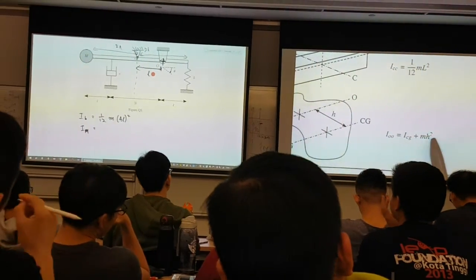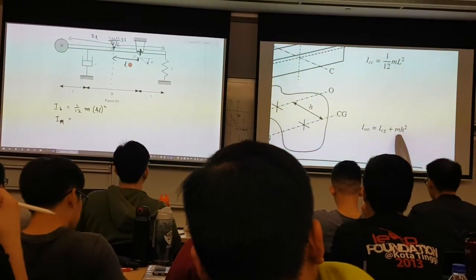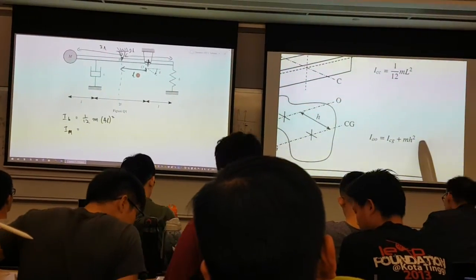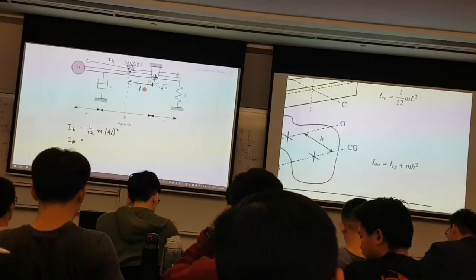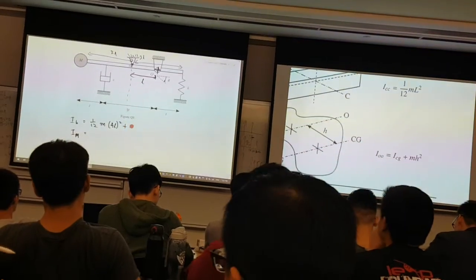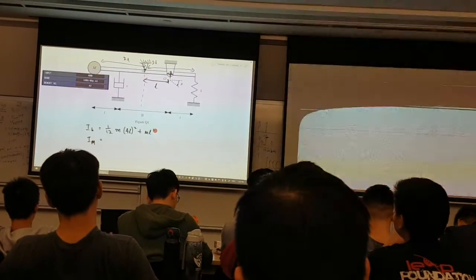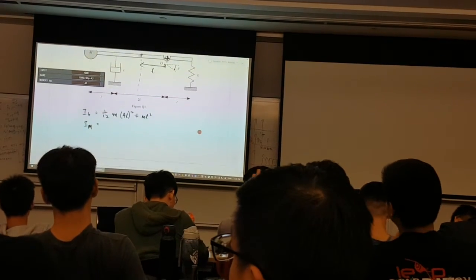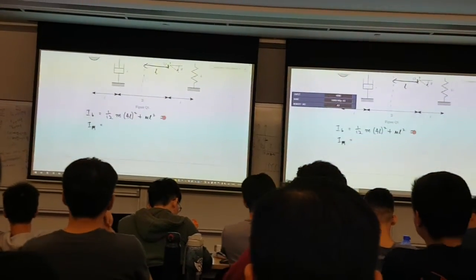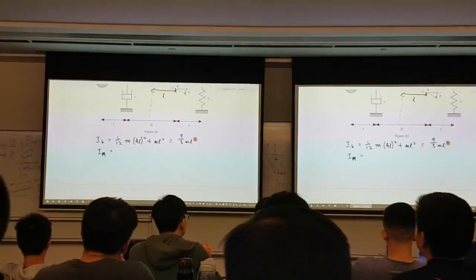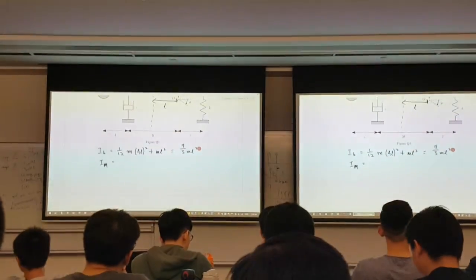Okay. So we need to add that to the previous one. M and h in our case here is L, so ml squared. So we have that plus ml squared. So if you do that calculation, you should get 7/3 ml squared.